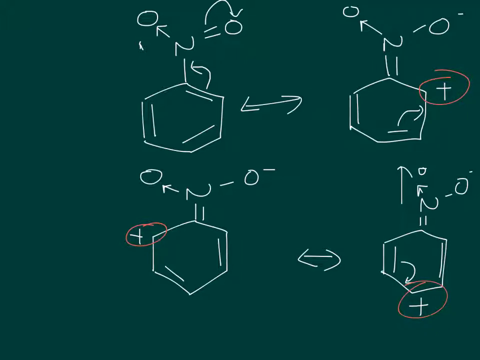Instead, you are going to go to these two carbons here, which haven't had that more positive charge build up on them. So that's why, first of all, in nitrobenzene the ring is deactivated because the electrons are being withdrawn. But when you do get an electrophile onto it, it will go into the 3 and the 5 positions.